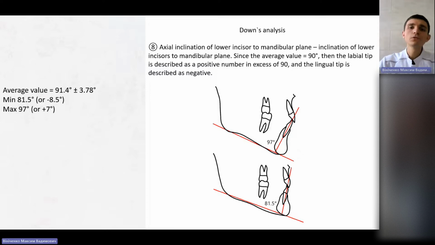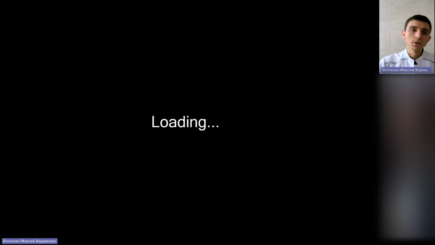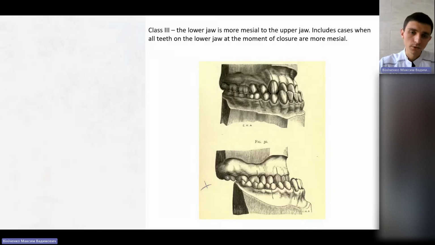It is very important when we treat patients with class 3 pathology. As you understand, there is a functional class 3 pathology and a skeletal class 3 pathology. We remember that patients with class 3 pathology couldn't make a constructive bite. They couldn't retrude their mandible to make an incisor-to-incisor position.